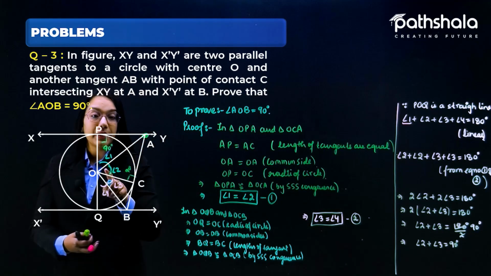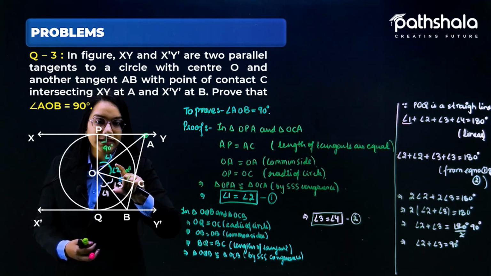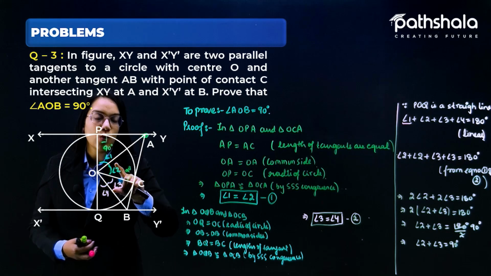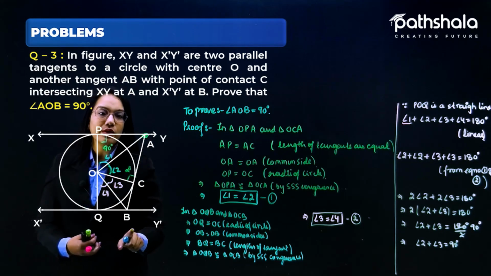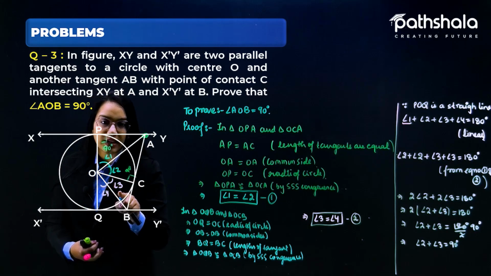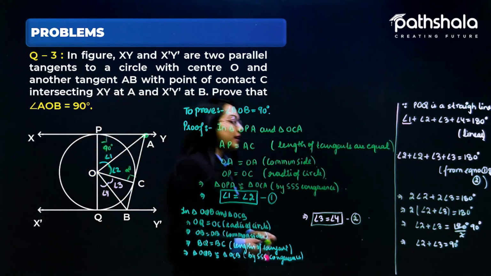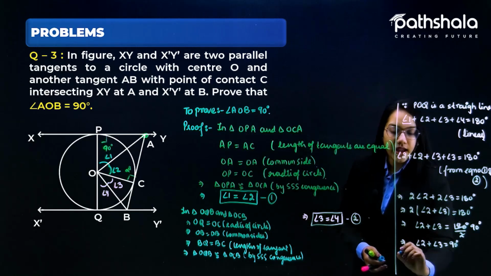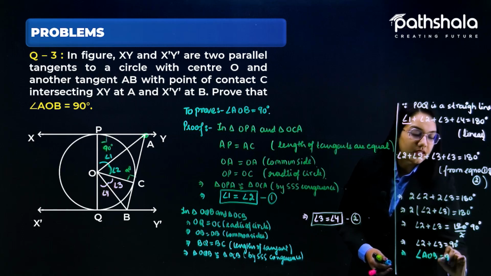Angle 2 is this angle, angle 3 is this angle. Combining these angles together, angle 2 plus angle 3 is the whole angle AOB. So in place of angle 2 plus angle 3, I can write angle AOB, which is equal to 90 degrees.